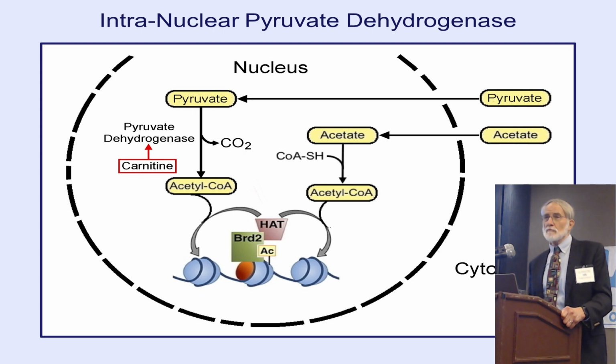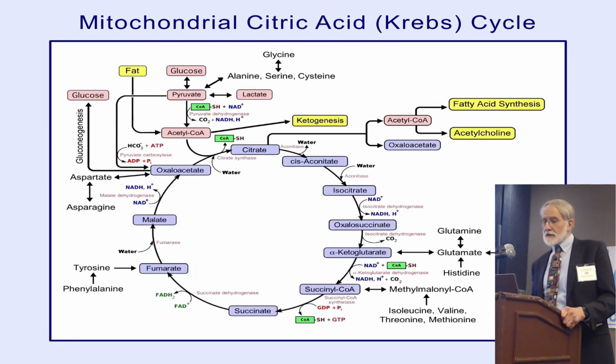Just to remind everyone, I'm sure you've all memorized the citric acid cycle, but what I'm pointing out here is the reason we focus on amino acids: almost all amino acids go through the citric acid cycle. So if the amino acid is not used for making protein, then it's used for energy or for making other compounds, and the way that is done is to convert it to a different compound in the citric acid cycle.